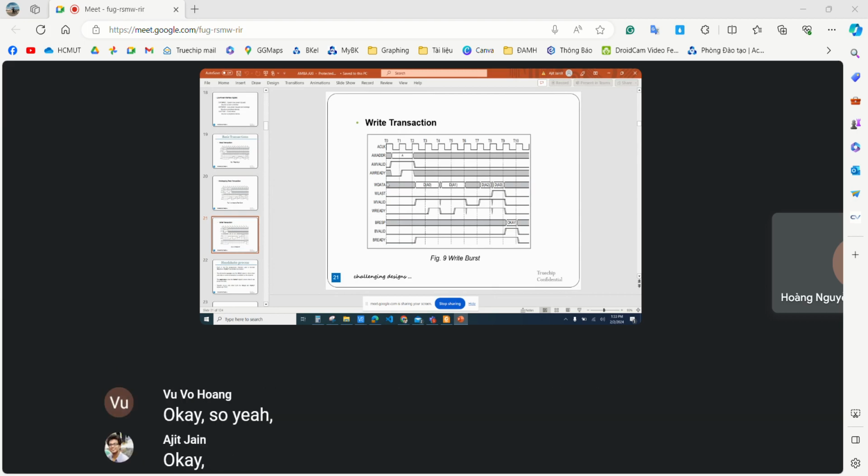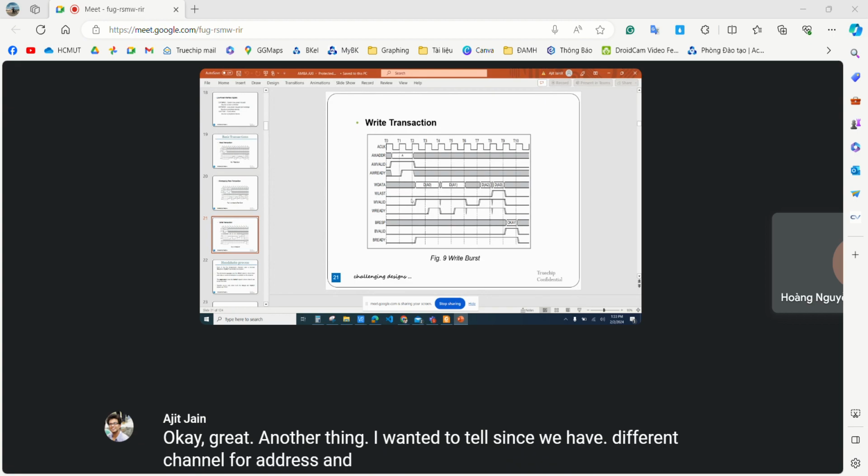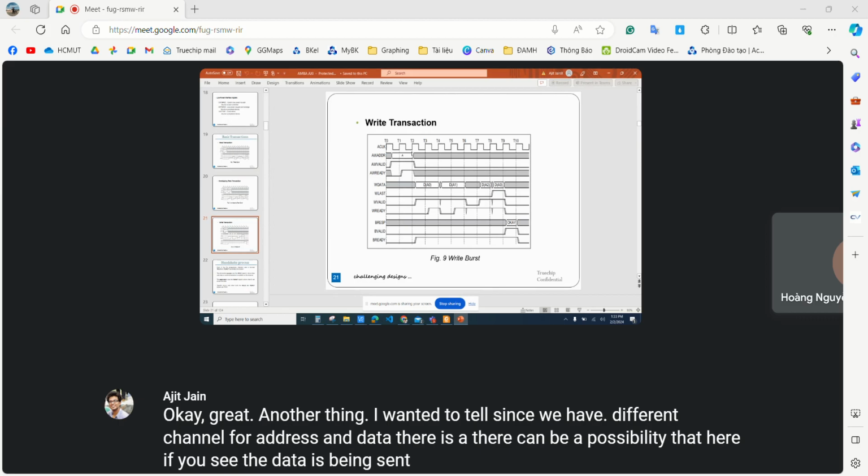Okay, great. Another thing I wanted to tell: since we have different channels for address and data, there can be a possibility that the data is sent at the next clock cycle after the address is sampled.